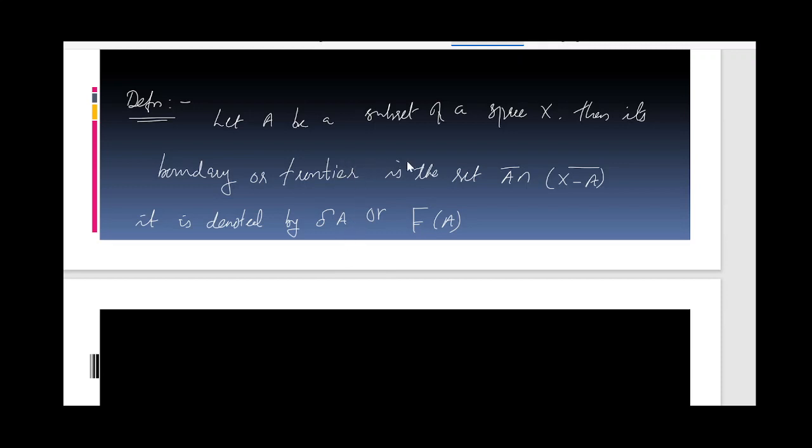A be a subset of a space X, then its boundary is defined as A closure intersection with X minus A closure.